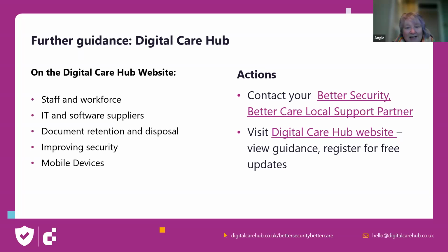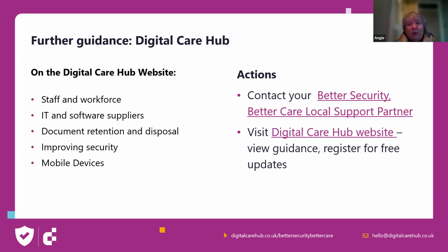If you're based in Essex, you go to the one that covers Essex. So they're nationally covered. Their areas are covered all over England, okay? And visit the Digital Care website for your guidance and to register for free updates. There's lots of help there, so don't be on your own.